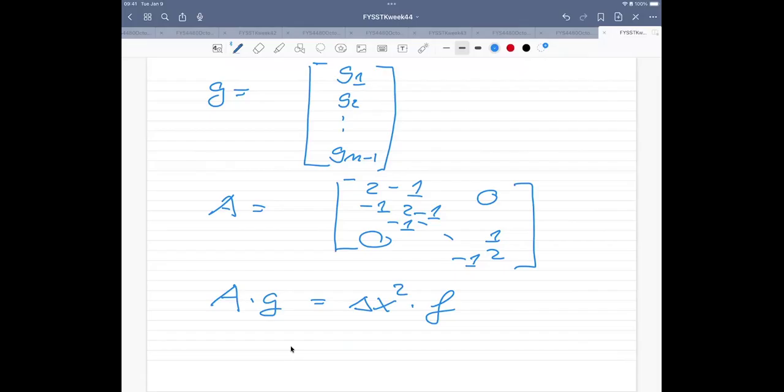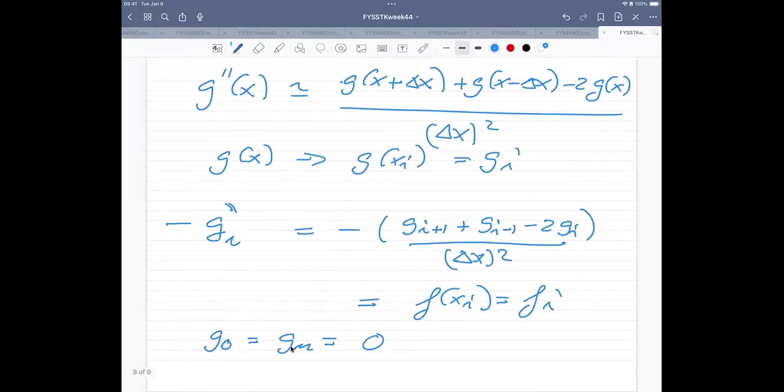Now, what you could say now, okay, I can just invert the matrix and I have the solution. So the reason why I have 2 and minus 1s is very simple. If you look at the equation here, I get the 2 on the diagonals from this term. There's a minus, minus, plus. And then I have the non-diagonal terms, i plus 1 and i minus 1.